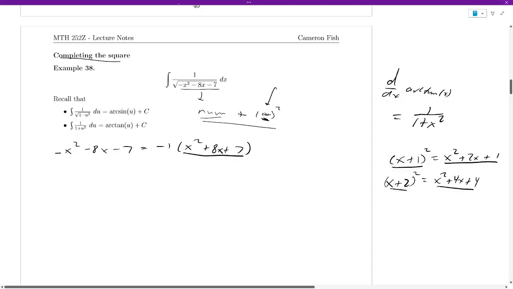Now, this x squared plus 8x plus 7 is not a square polynomial, but I could try to find the closest square polynomial that I could think of. Notice that when I did x plus 1 squared, I ended up with x squared plus 2x plus 1. When I did x plus 2 squared, x squared plus 4x plus 4. So I wonder, how could I end up with 8x there?